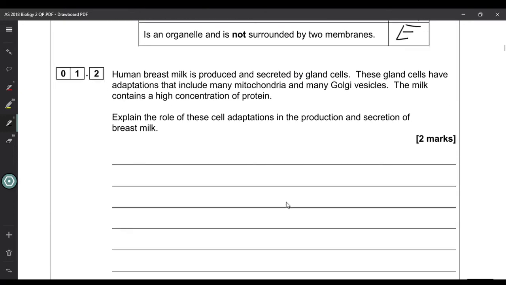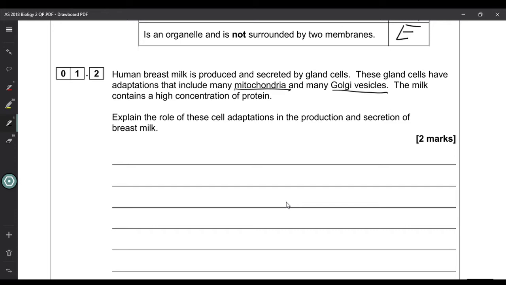So the second question says that human breast milk is produced and secreted by gland cells. These gland cells have adaptations that include many mitochondria and Golgi vesicles. The milk contains high concentration of protein. Explain the role of these cell adaptations in the production and secretion of breast milk.